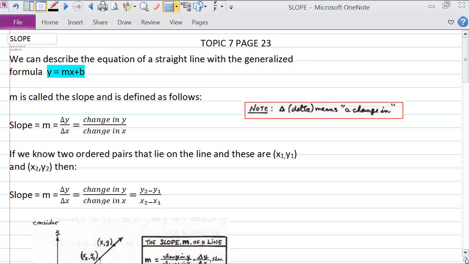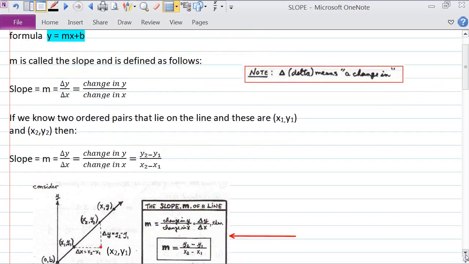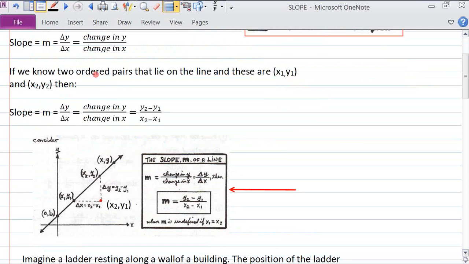Now how do we calculate this? If we know 2 ordered pairs that lie on the line, here for example we see the ordered pair x2, y2, and here we see the ordered pair x1, y1. So these are 2 points that lie on the line.